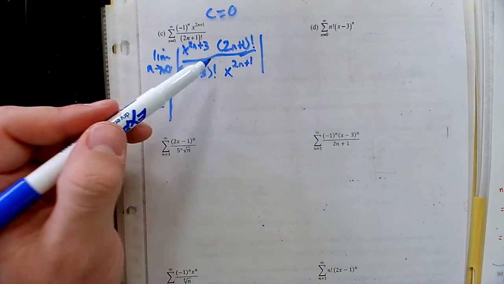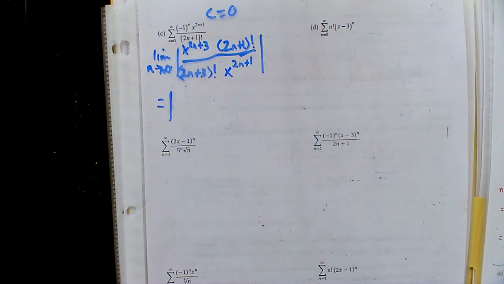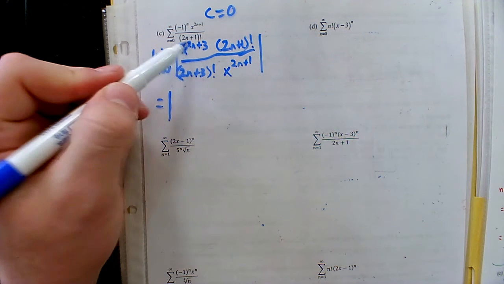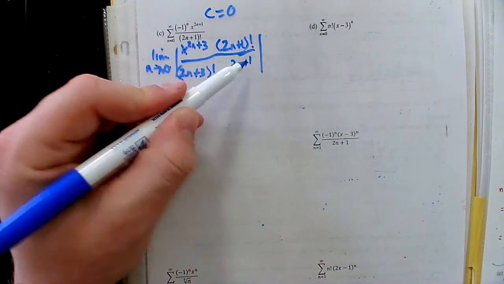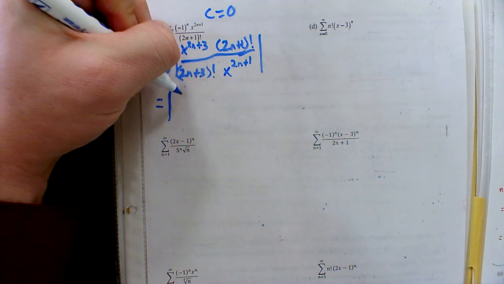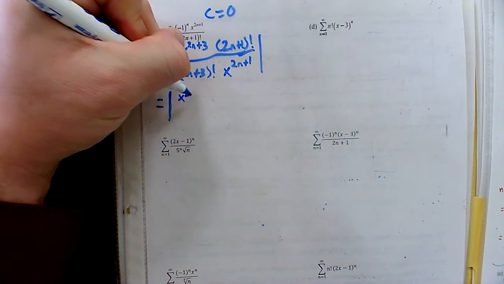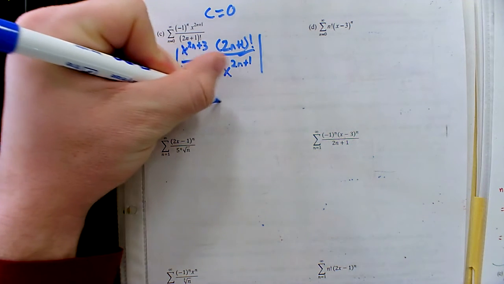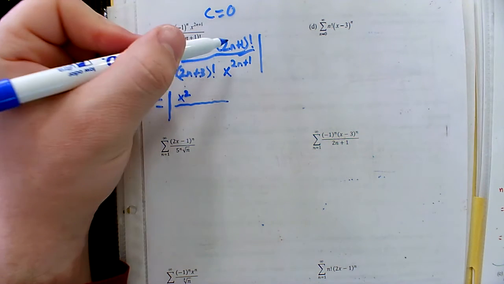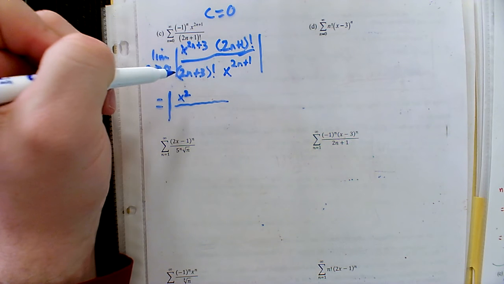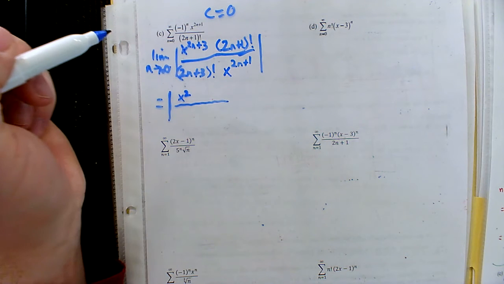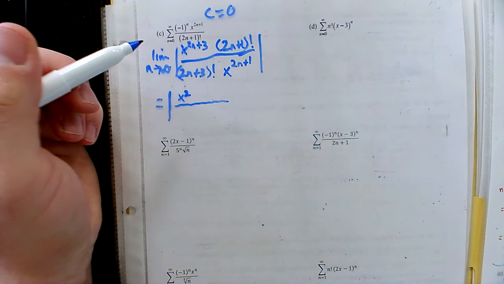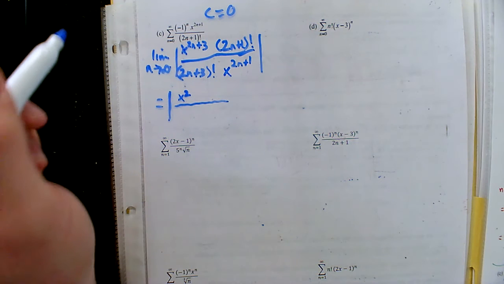So if we have similar terms here, how do we think those are going to reduce? What are we going to be left with? X to what power? X squared. The two n's go away. And then we have the 3 and the 1. Well, that's just going to leave you with x squared. Okay? Now we have a 2n plus 1 factorial and a 2n plus 3 factorial. Those are similar. But how are we actually going to write that or cancel that out?